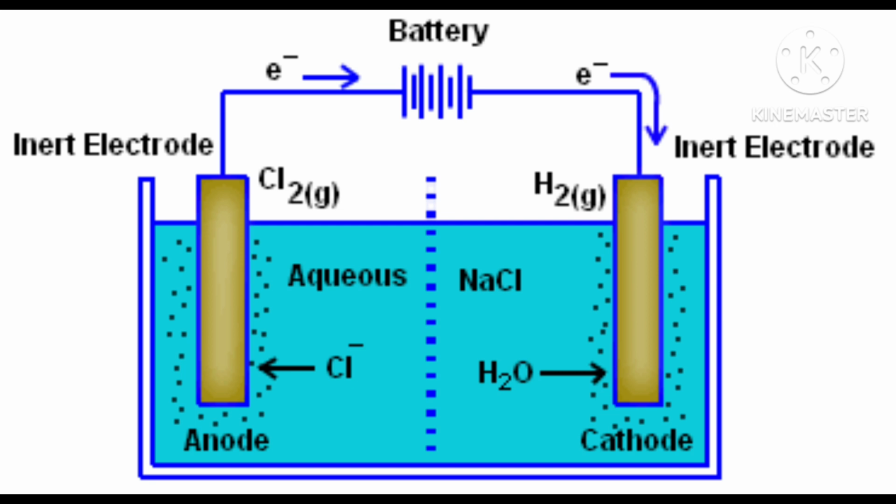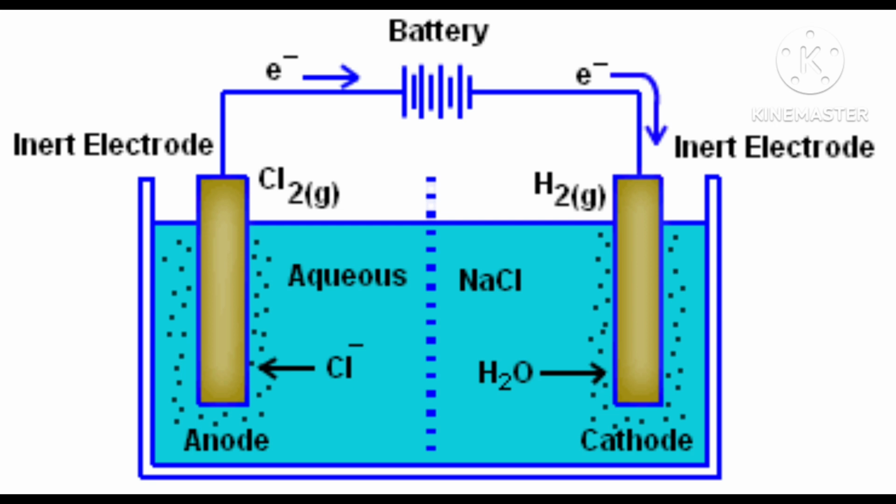First law: the amount of chemical reaction which occurs at any electrode during electrolysis by a current is proportional to the quantity of electricity passed through the electrolyte, meaning solution or melt.